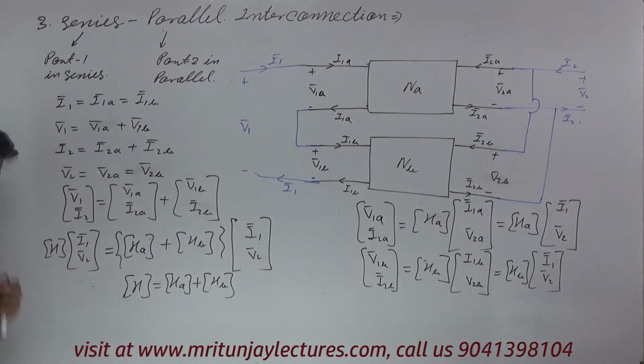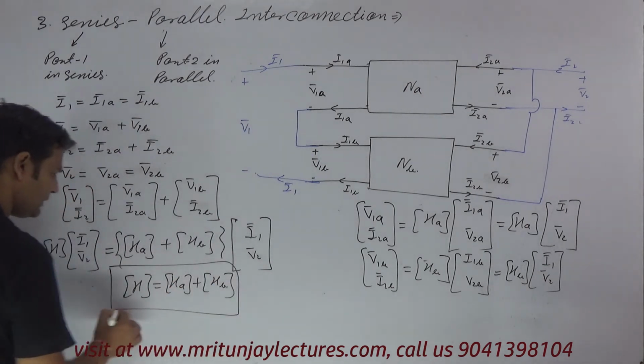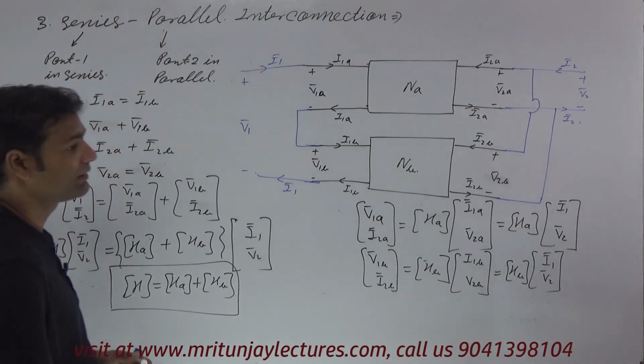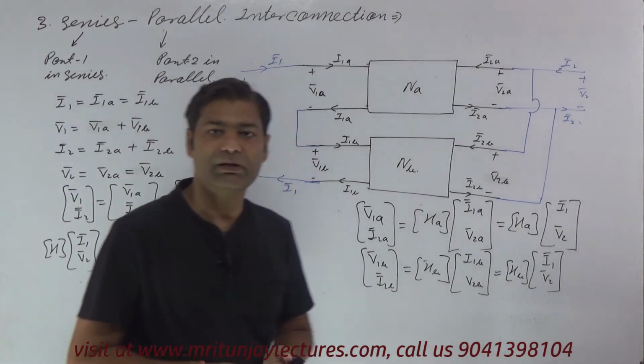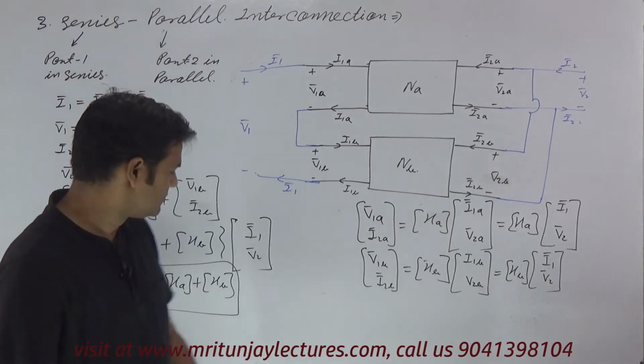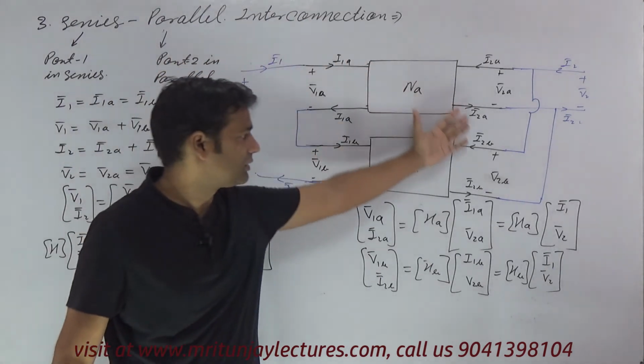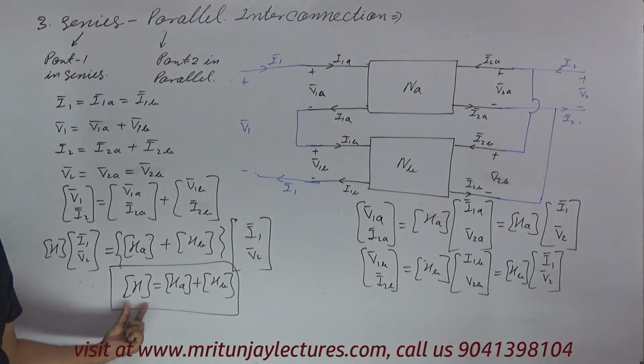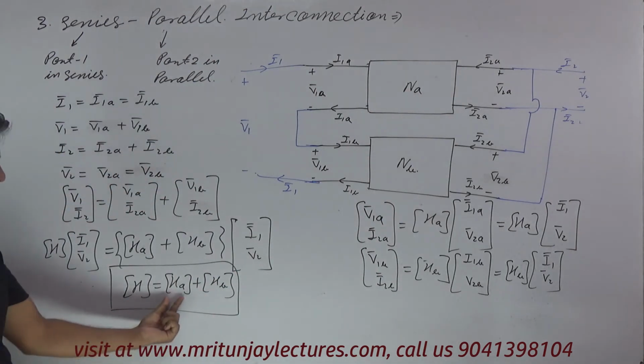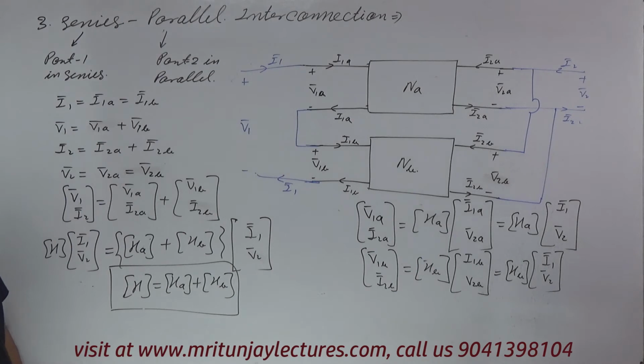Okay, so it means if a series parallel interconnection is available, then overall we get, corresponding to the H parameter, the H parameter is HA plus HB. So first of all make it, then I will discuss corresponding to parallel series.